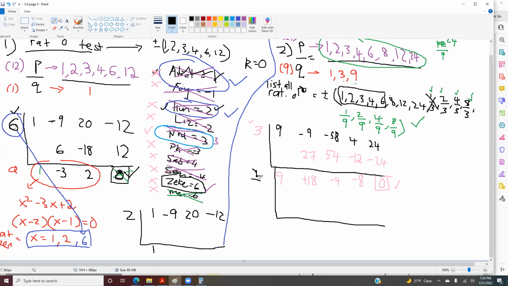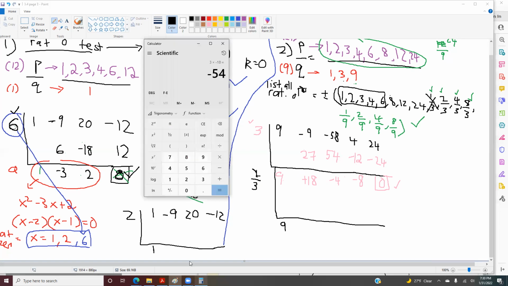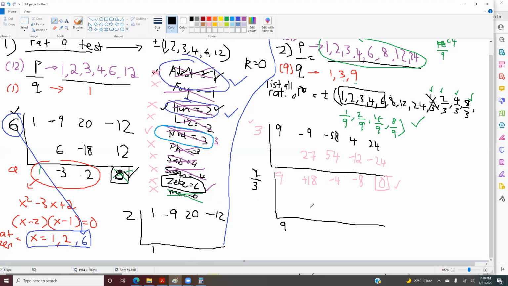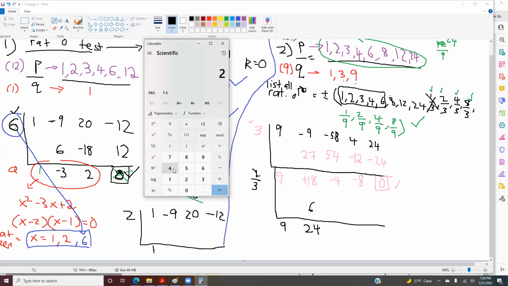Maybe I'll do 2/3. 9. 18. 2 times 9 is 18. So 18 over 3 is 6. So 18 plus 6 is 24. Yep, have fun, right? 24 times 2 over 3 is 16.